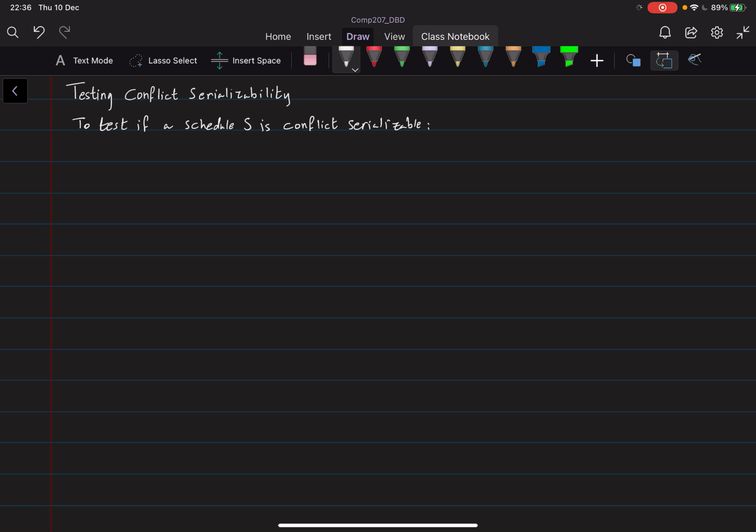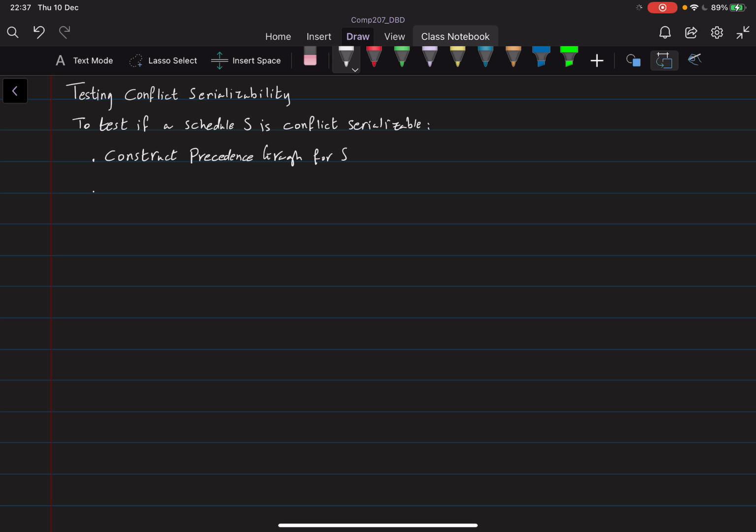Let's see what these two are. Number one, construct the precedence graph for S, which is something we have already learned.